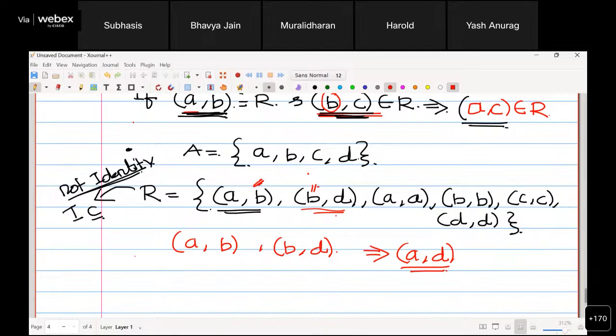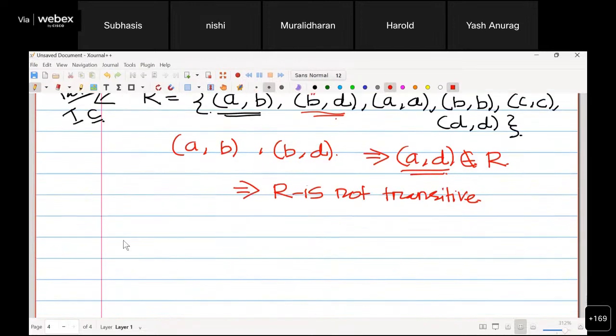Is A comma D there? No. Since this is not correct, from here itself I can say that R is not transitive. So this is not a transitive relation.